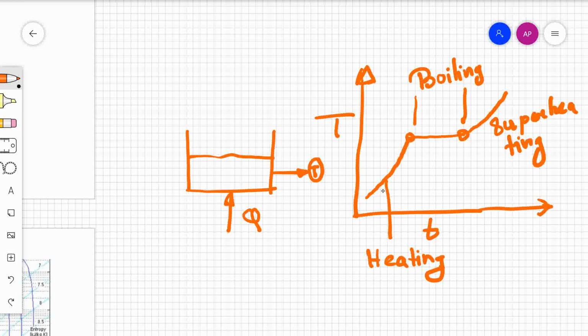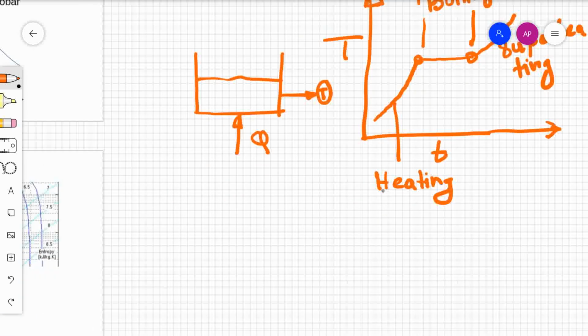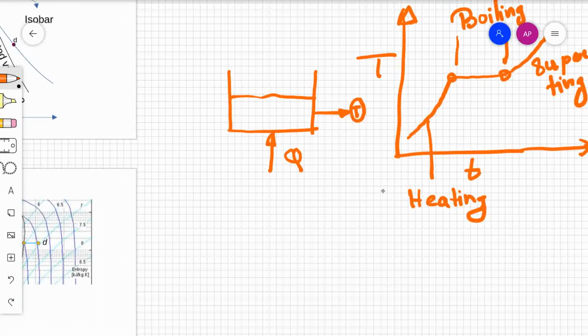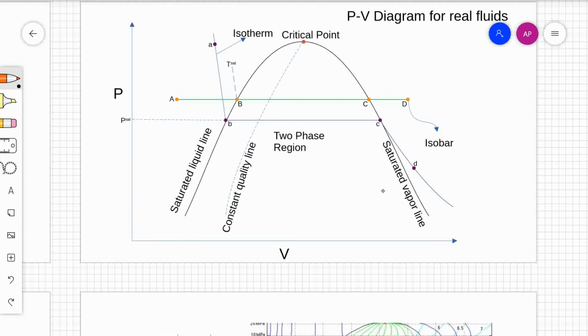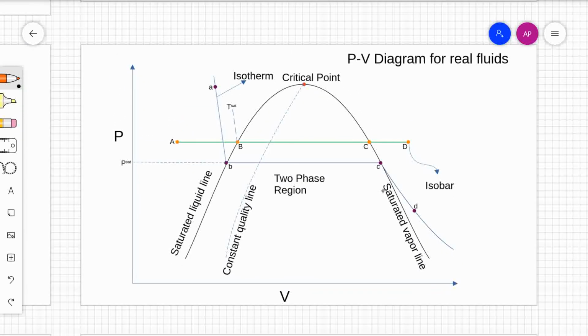Now, as you must have studied in your previous classes, and it's being reminded once again, when we refer to the boiling point, we refer to the boiling temperature. Now, the boiling temperature is a function of pressure for real fluids. Let's have a look at this diagram. A few things should be obvious from this diagram.